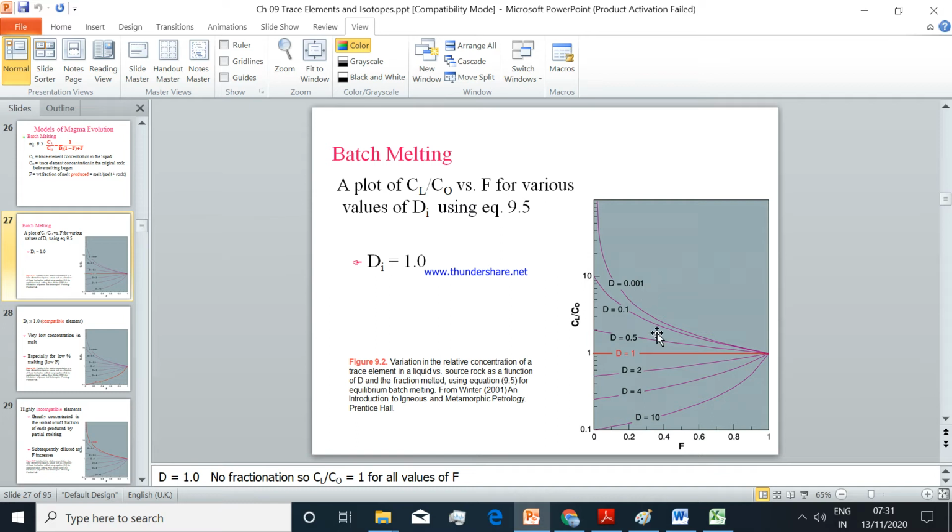Whether D is 0.1, 0.5, 1, 2, 3, 4, whatever it is, with increasing fraction of melt by partial melting from 0 to 0.2 to 0.4 to 0.6, they will try to reach unity.